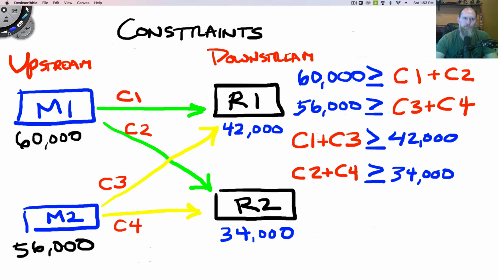And now within this model, the other one we need is what I talked about up front, which is called non-negativity. So we need C1 to be greater than or equal to 0. We shouldn't have any negative units going along this route. And the same holds true for all the rest of our decision variables.